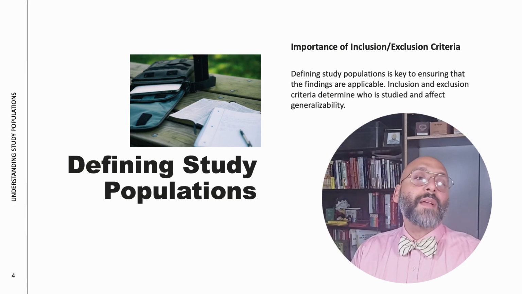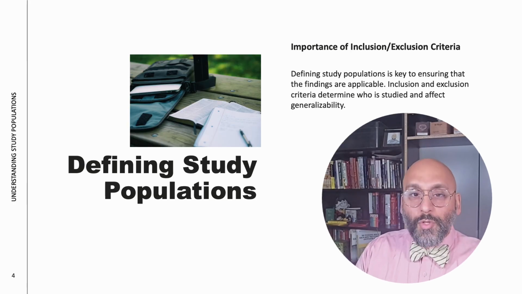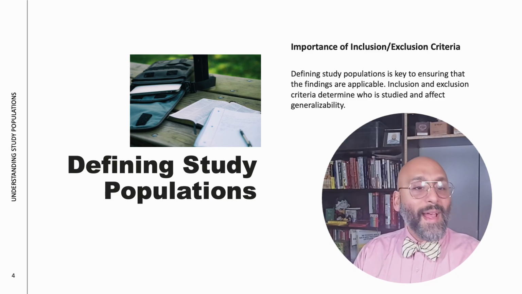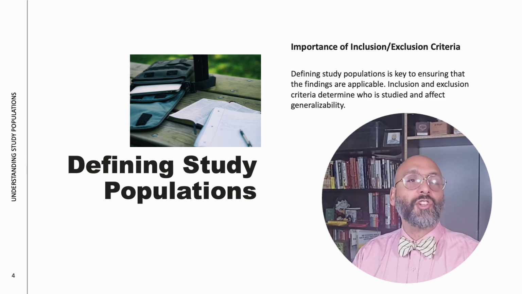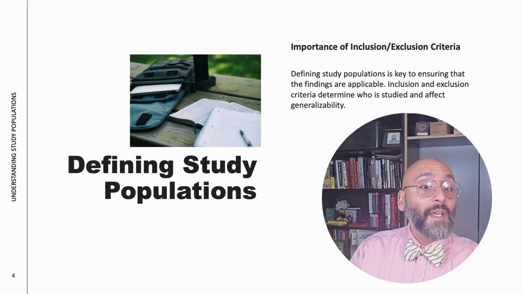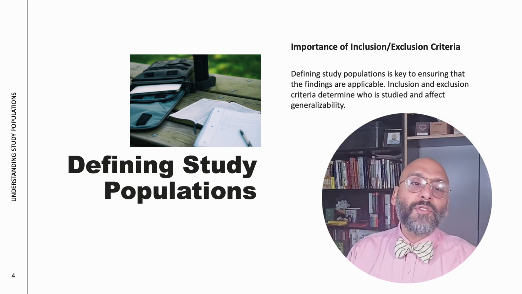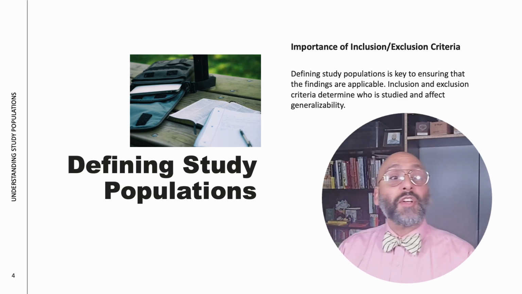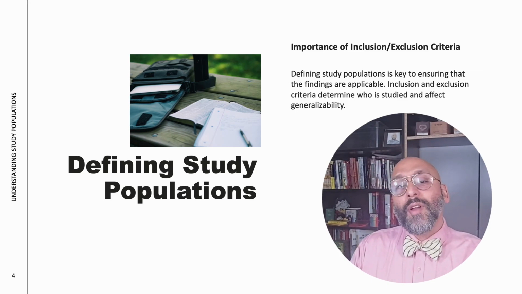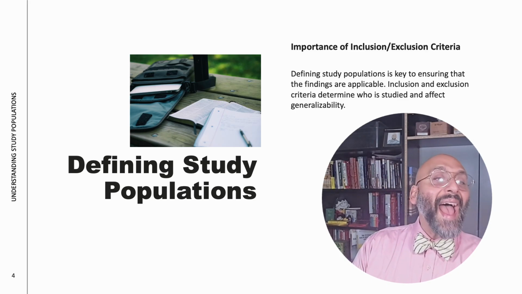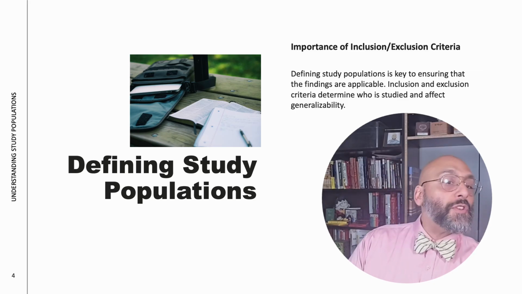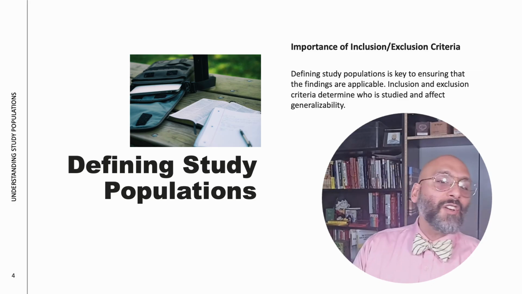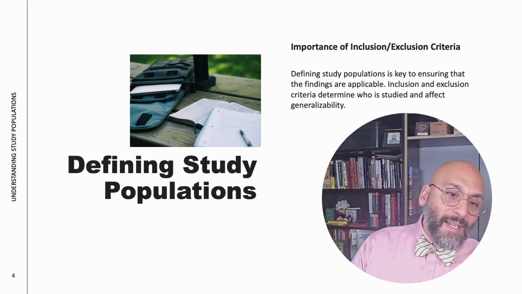Now let me spend some time here with the importance of inclusion and exclusion criteria. Everything in clinical trials rests on one foundational decision: who's allowed in. Inclusion and exclusion criteria don't just define the sample, they also define the limits of the conclusion. Psychiatric drug trials will often exclude things like active substance use, severe suicidality, trauma-related complexity, medical comorbidities, and concurrent medications.